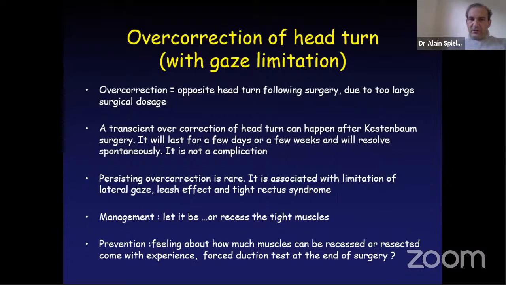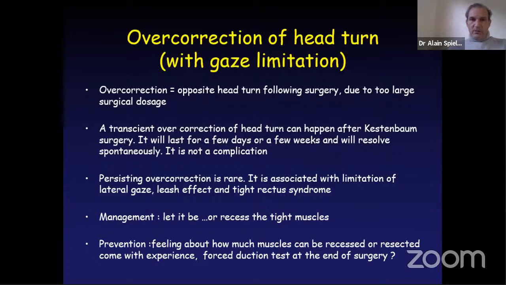A transient overcorrection, accompanied with gaze limitation, can happen after Kestenbaum surgery in the days after surgery, and it will last for a few days or a few weeks and will resolve spontaneously. This is not a complication.